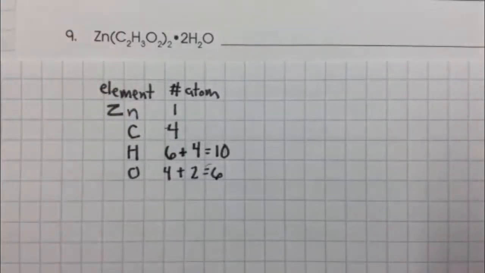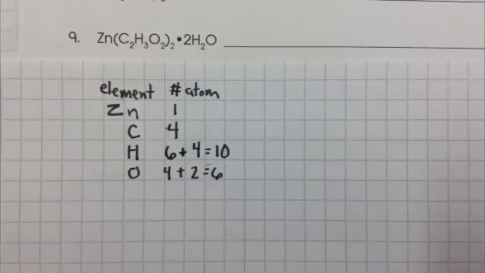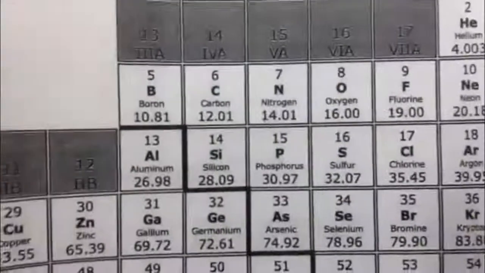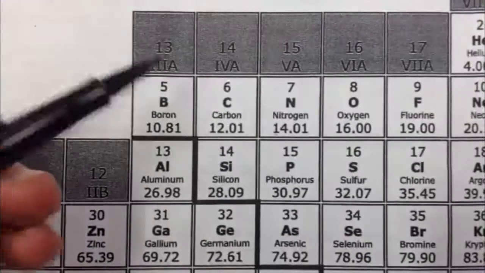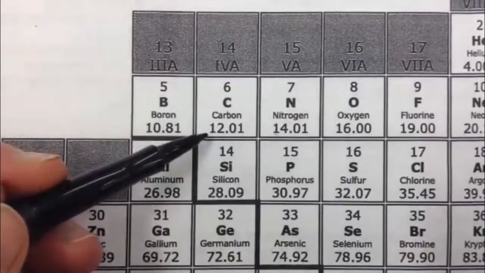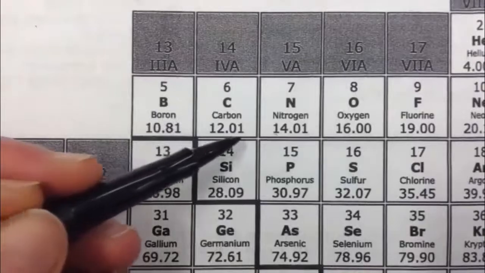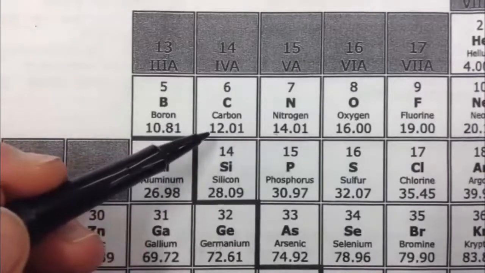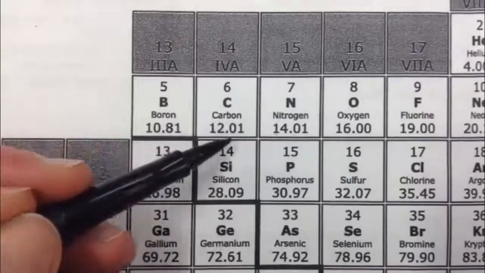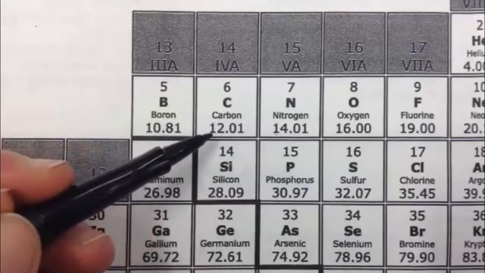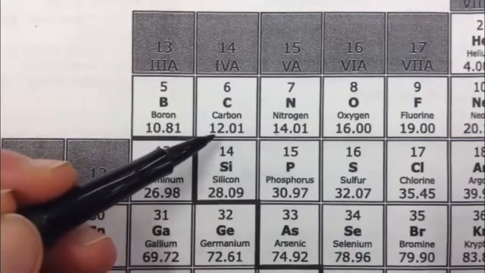Now, we need to find the mass of each atom. It just happens to be why we use this molar mass is it's based on carbon. Carbon's atomic weight is 12.01, and the mass in grams of 1 mole of carbon is 12.01 grams.